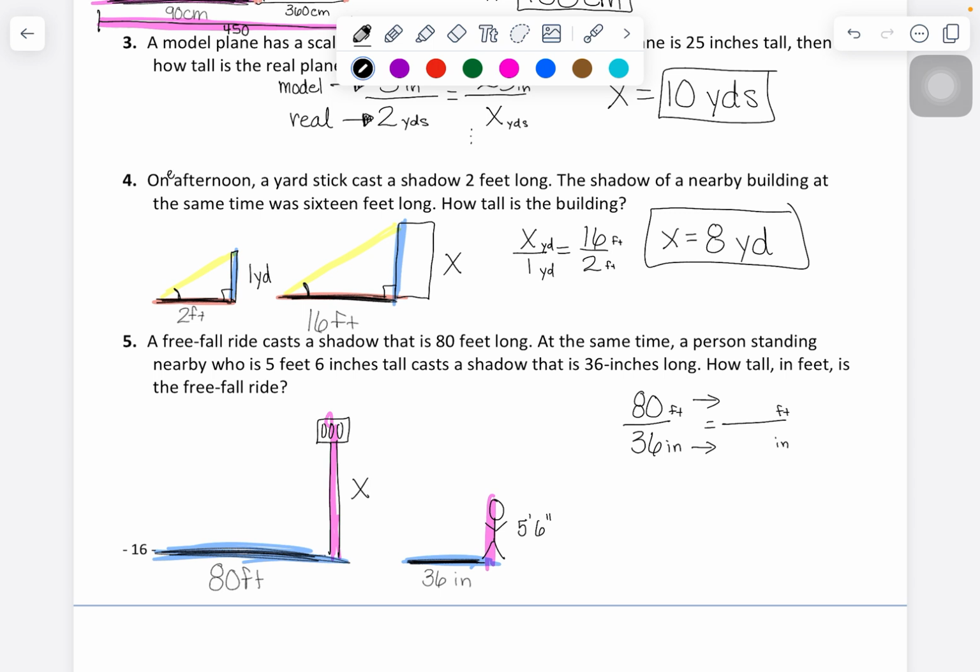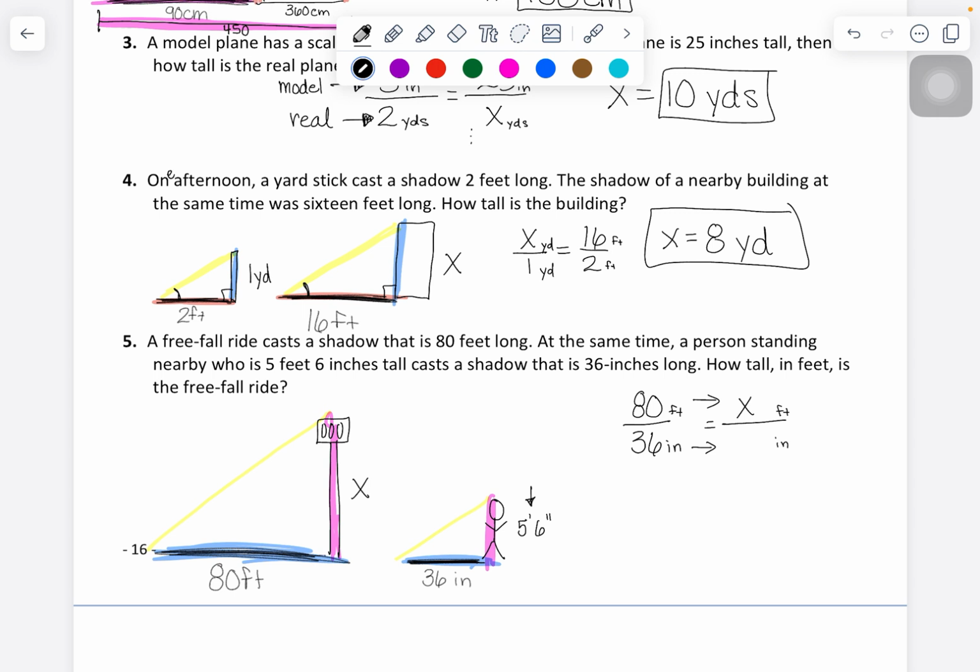So 80 is in the same triangle because remember our light from the sun coming down creates this triangle. It's in the same triangle as the X, so I can put the X on top, and measuring the free fall ride in feet makes sense. But that means I must measure the person not in feet, but in inches to make this work.